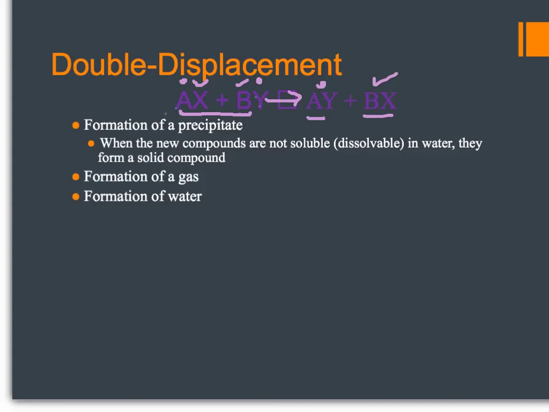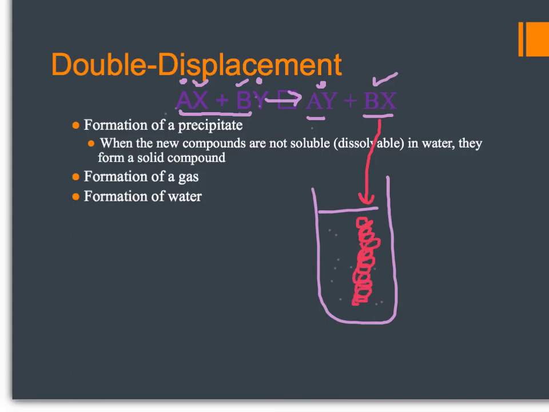We'll mix them together, and suddenly, rather than having water with these dissolved substances in it, you'll have water with one of these compounds dissolved, which means you essentially can't see it. And then we'll have this other compound where all of a sudden you've got this very obvious solid formation, because when these two ions come together, they form a solid that does not easily break apart in water, and so you'll be able to see it.